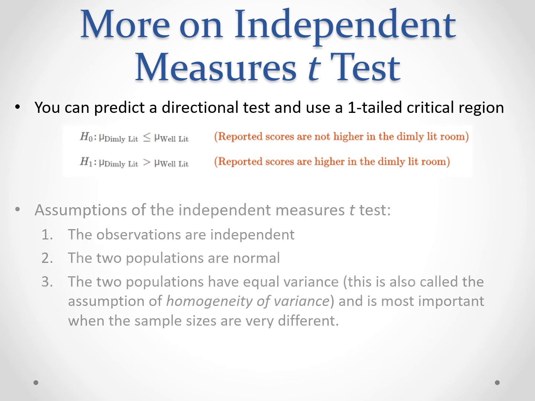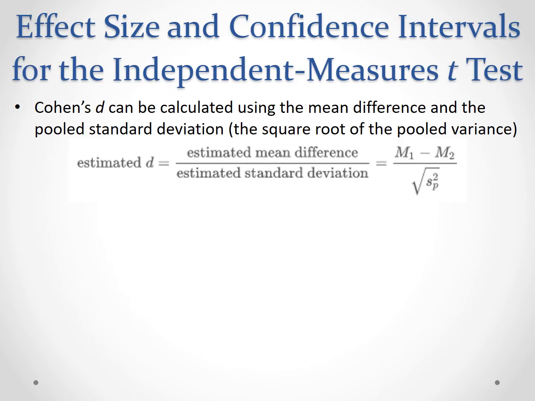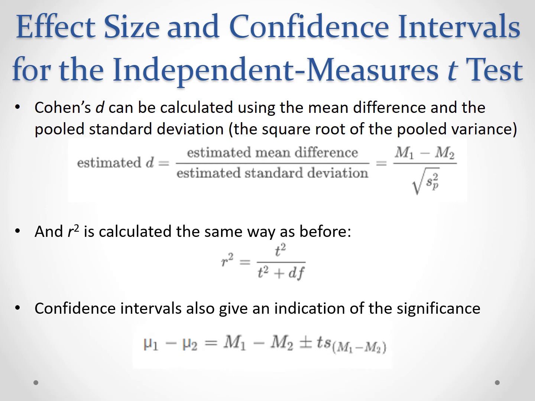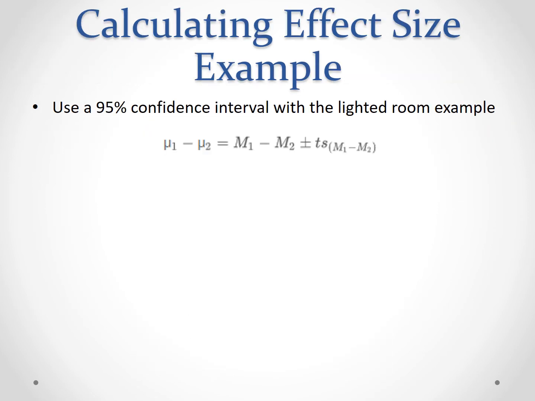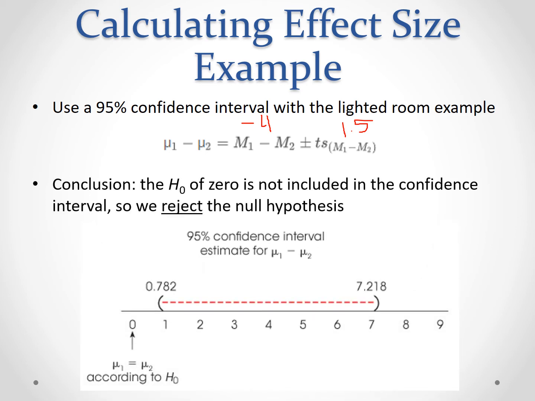So let's see. To the slide. Okay. So the mean difference was -4. And we're going to add and subtract our standard error of 1.5 times the t value for how confident we want to be. Oh, I don't have that either. Well, let's see. Anyway, I don't actually know.